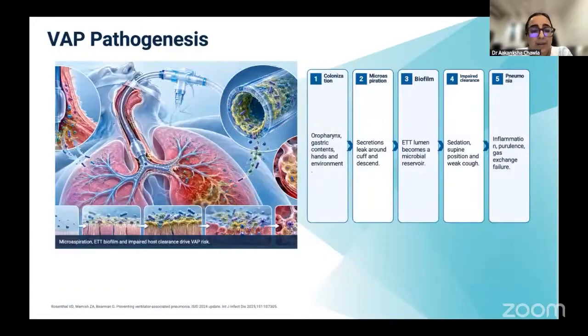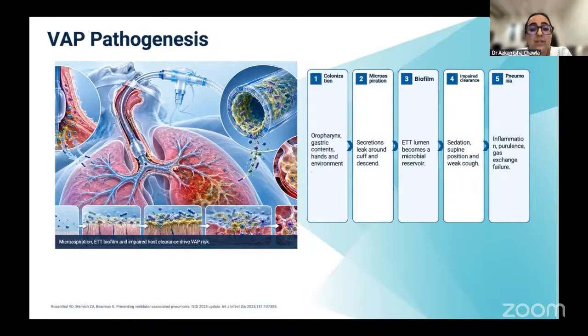A brief about pathogenesis. So we know that there is a risk of a lot of colonization. It starts right from the level of oropharynx, gastric contents, poor hand hygiene practices, and of course the immediate environment of the patient.